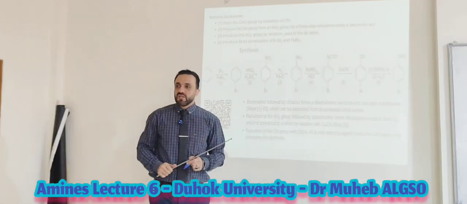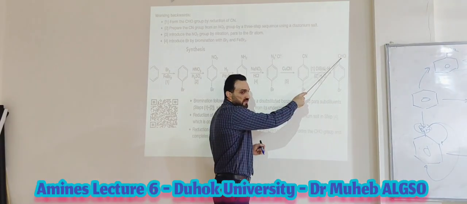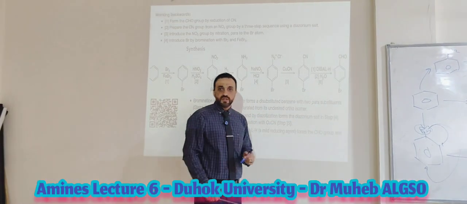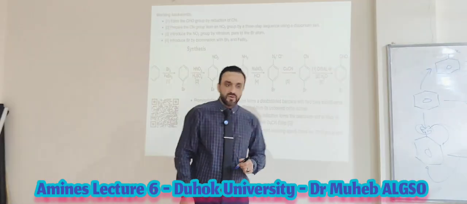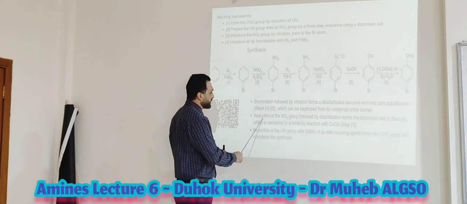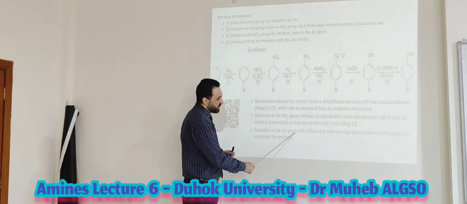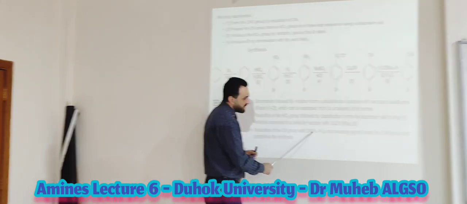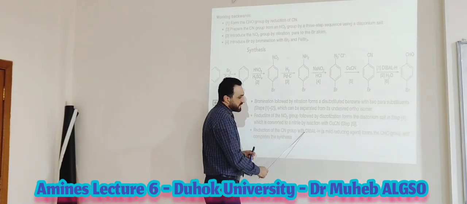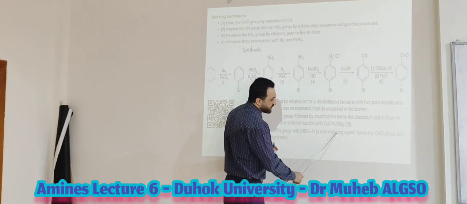If you use a strong reducing agent directly, it will be converted to the alcohol, CH2OH. So you have to use a mild one here. This is the reduction of the CN group using diisopropylamine-based reagent, which gives you a mild reducing agent.